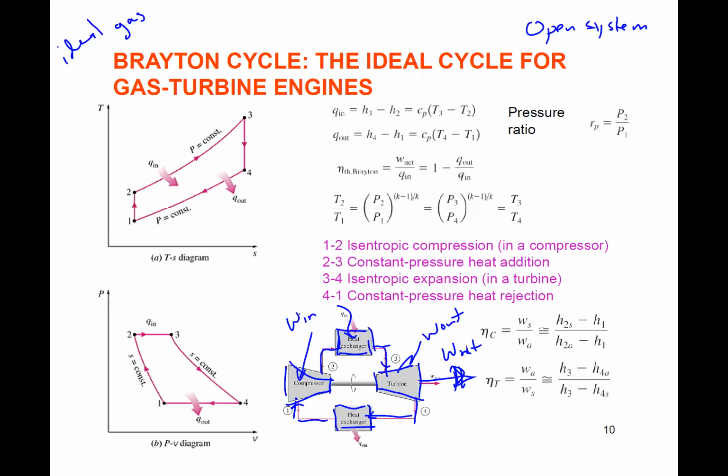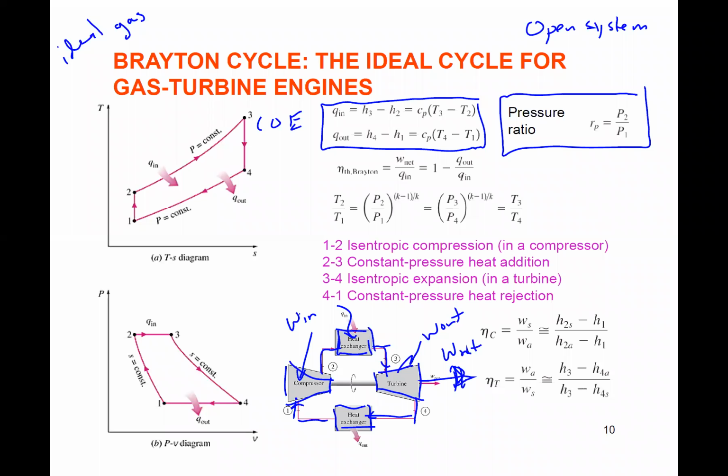Then we have conservation of energy available to us, COE. This time it's open system COE. Here they did heat in, heat out. Because it's an open system now, we describe it with pressure ratio, because pressures are what's being changed.